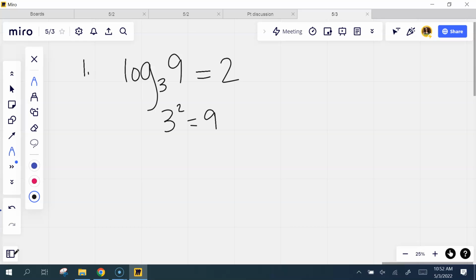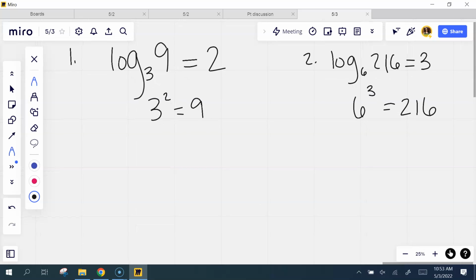Good job, Tanner. All right, how about number 2? Look at y'all go. 6 to the third equals 216. This is pretty easy. Right now, this is just changing forms.